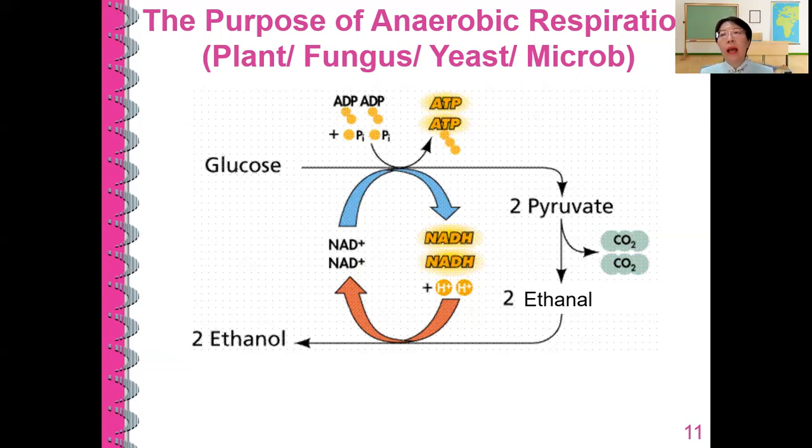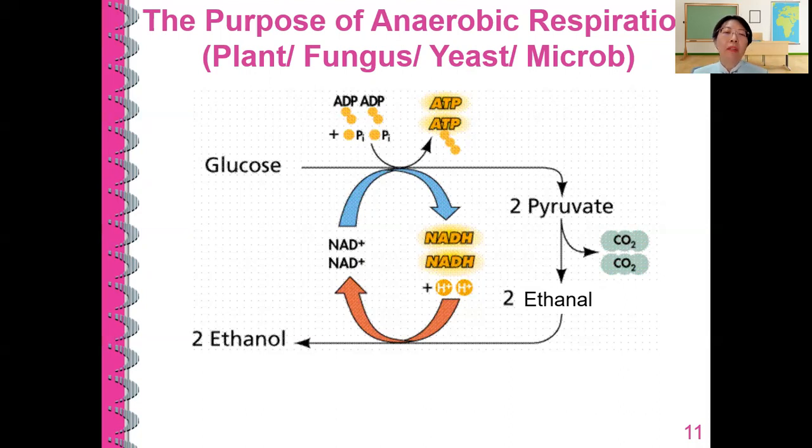Mammals are considered higher organisms compared to plant, fungus, yeast, and microbe. Okay, higher, more complex. So when it's higher, we can imagine it as an adult versus a child. When an adult takes 1 step, the child will have to take 2 steps.